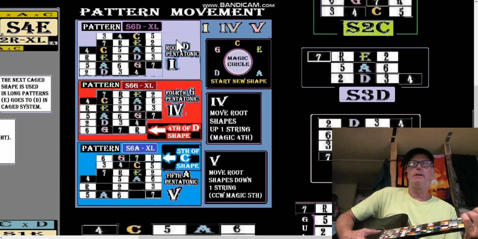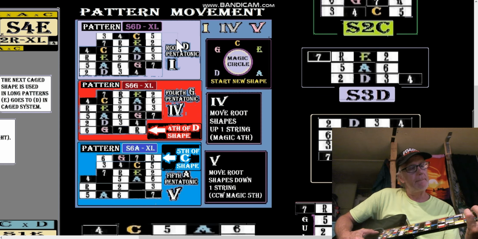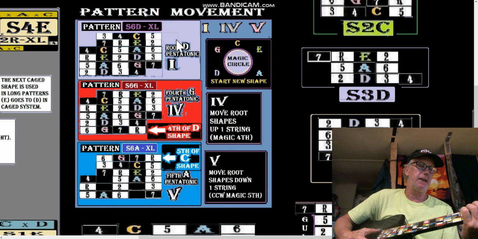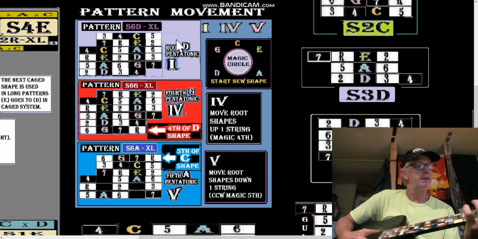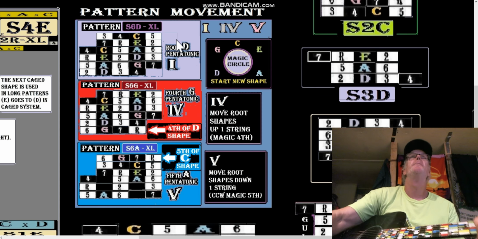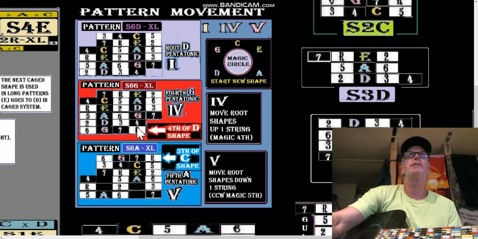Make sure you try to play that. If you want to go right into the 4th, you can, or remember, replace the bottom string with the 4th of that string shape. So the 4th of D is G. All right, so it's going to be a G-shaped string shape right there. So there it is. There's your G shape right there.